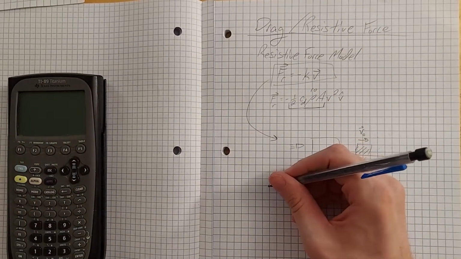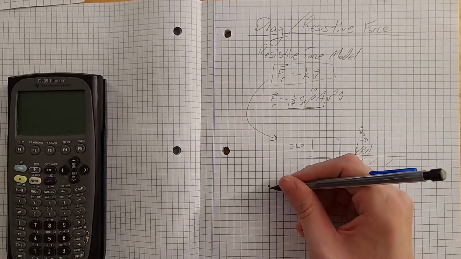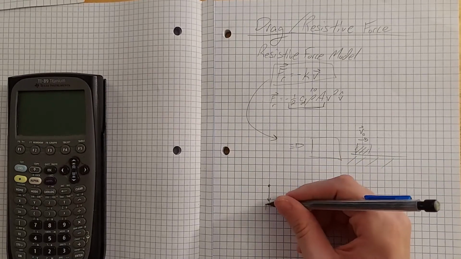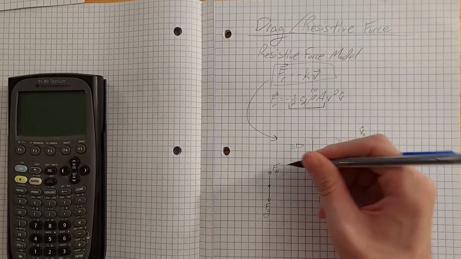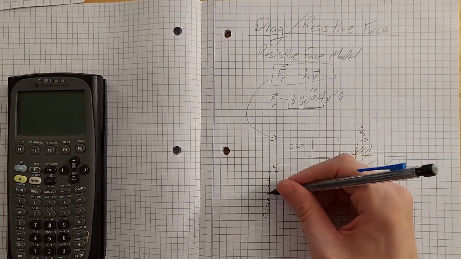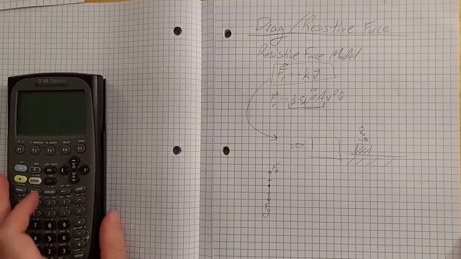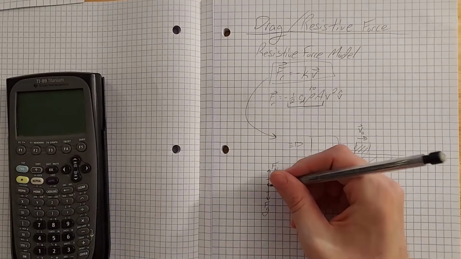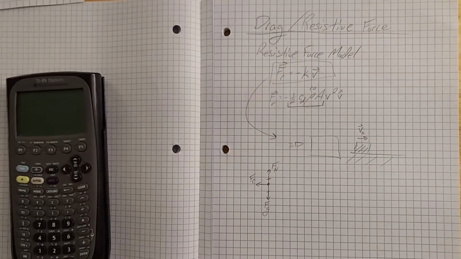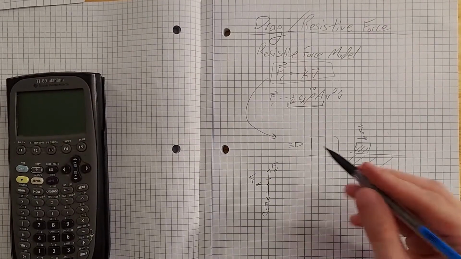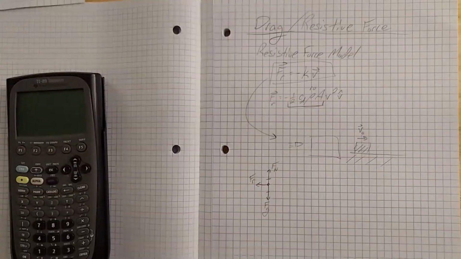In either case, we start with a force diagram. We're going to have a downward force of gravity, Fg, and an upward normal force supporting it from below. These are going to balance out, so they're not going to actually influence our analysis at all. What's going to influence our analysis is Fr, the resistive force. I made it going to the left because our objects both have velocities to the right.